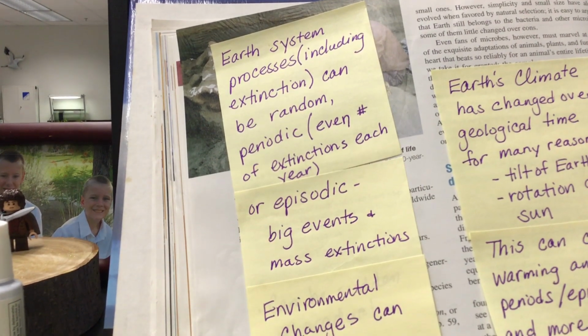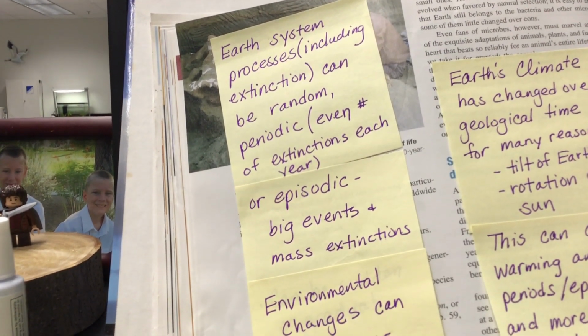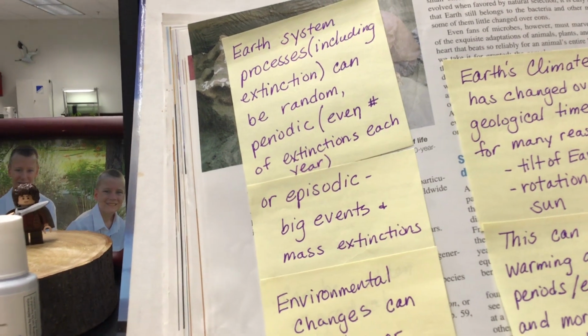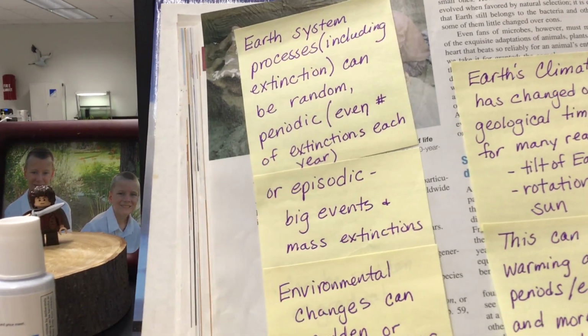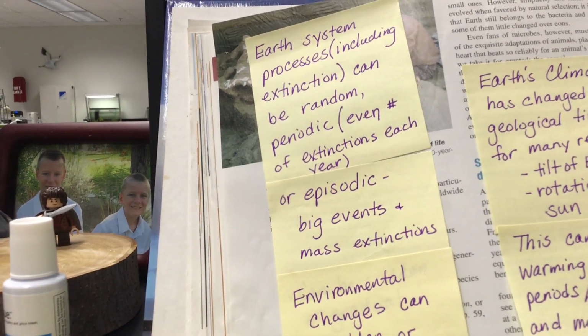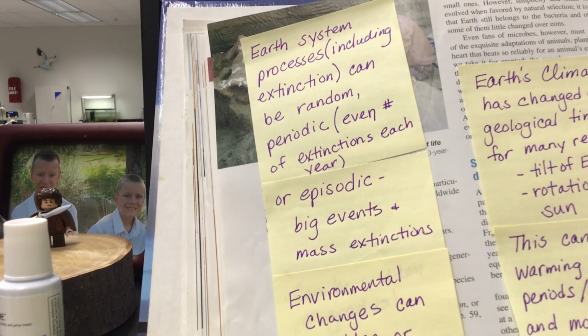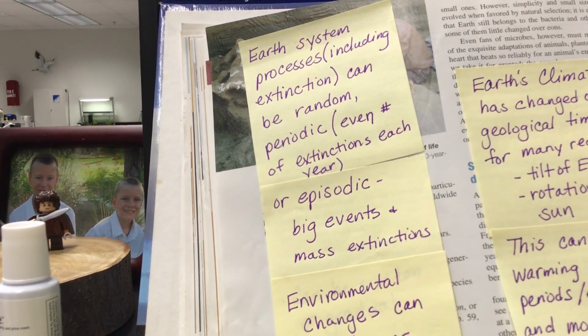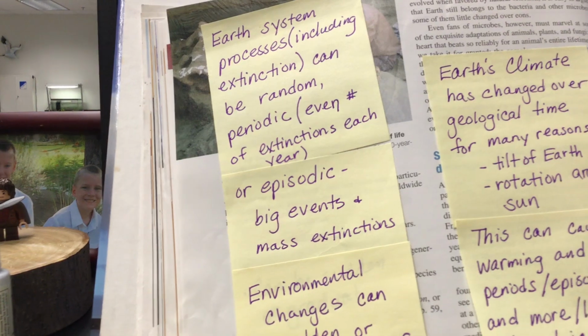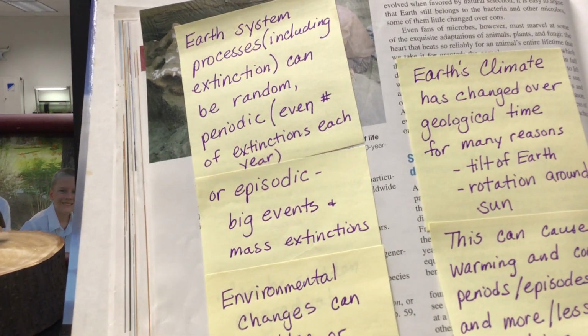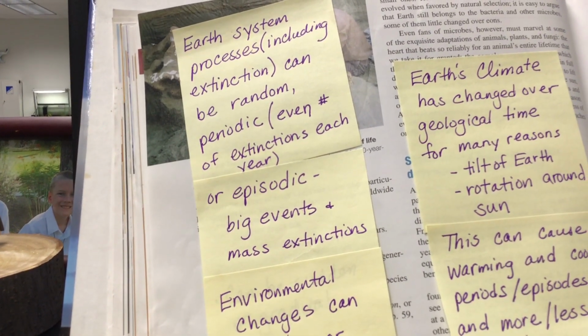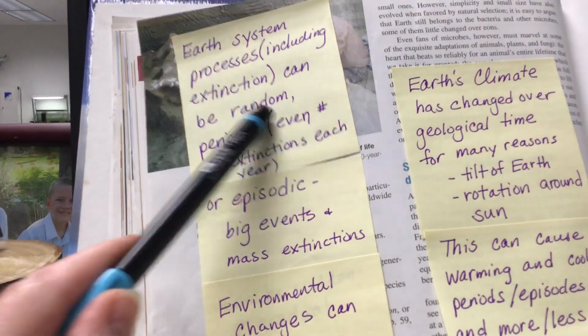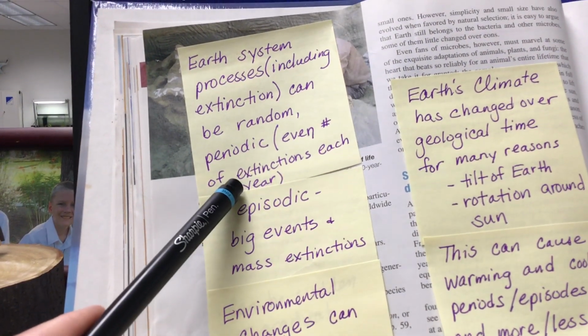all of Earth's system processes, and I'm not just talking about extinction, but all of the things, the water cycle, the carbon cycle, all of these things can be random occurrences. So the water cycle can be random. Some years you could have drought, and some years you could have floods. They can be periodic, so an even number of extinctions per year.